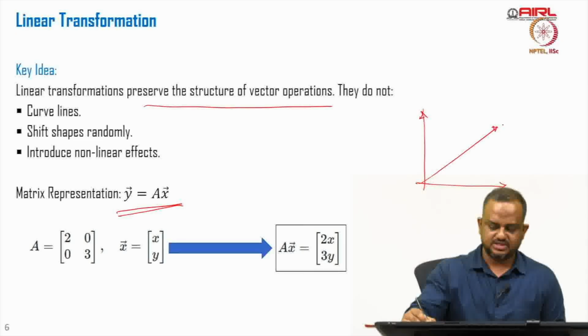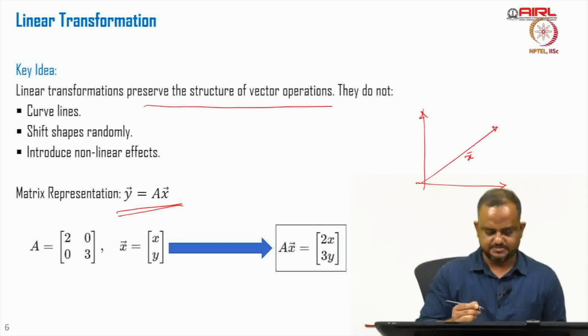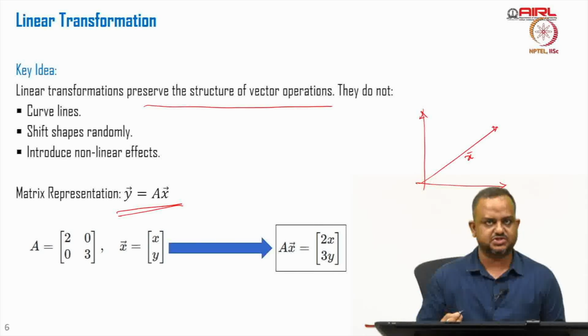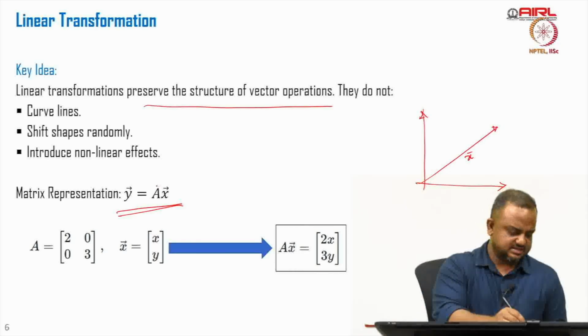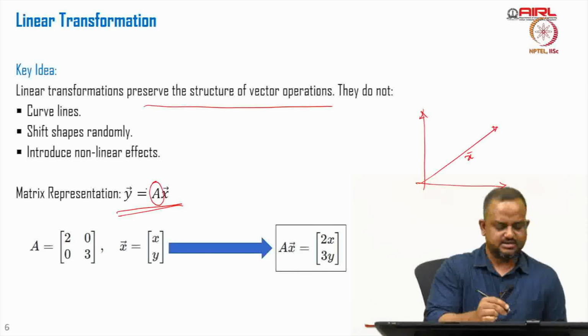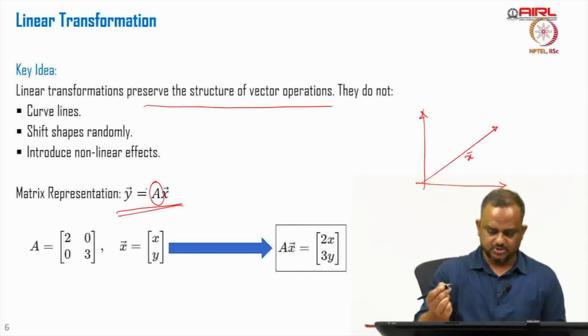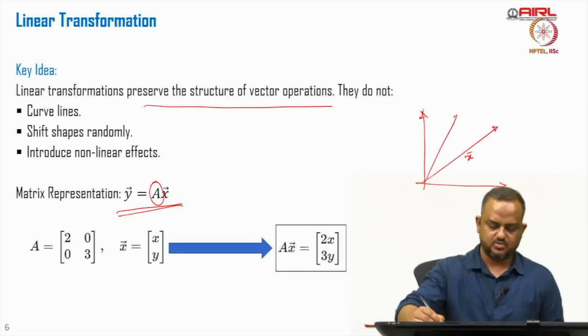Now, when this particular vector x is multiplied by a matrix A, then it gets changed to another vector y. What will be y? What will be the properties of y?